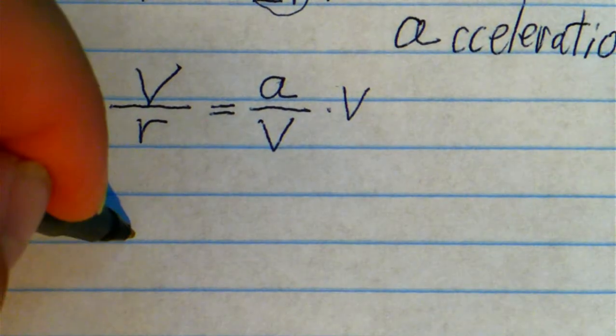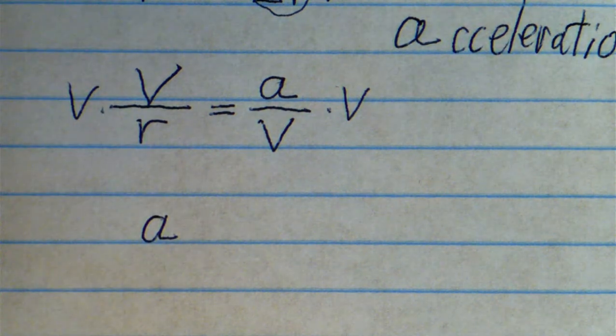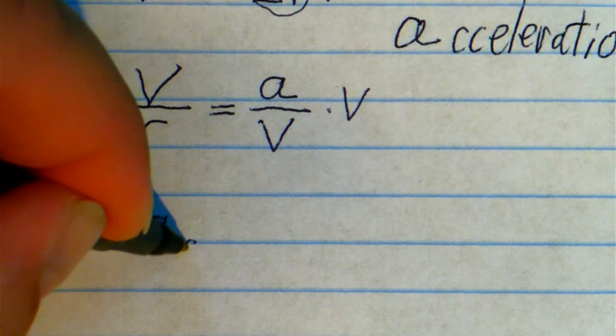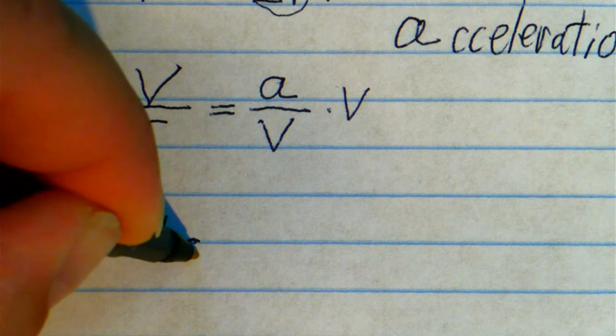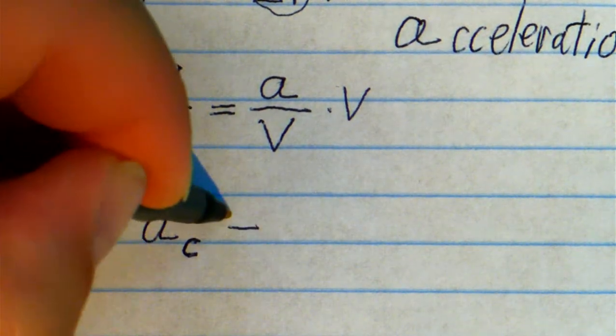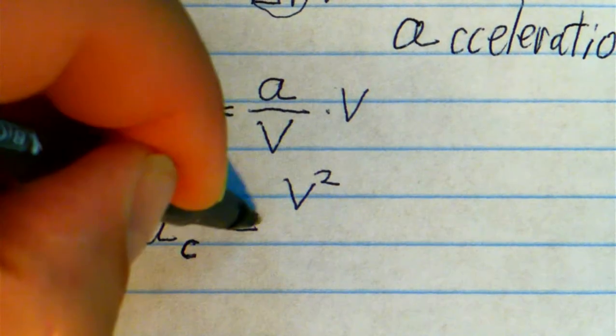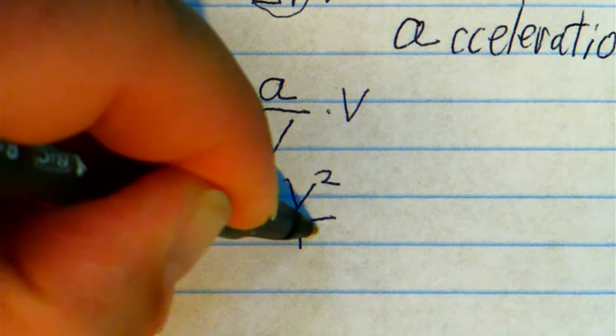What I have on one side is the acceleration, and I'm going to give it a little subscript, letter c. On the other side of the equal sign, I have v squared divided by r.